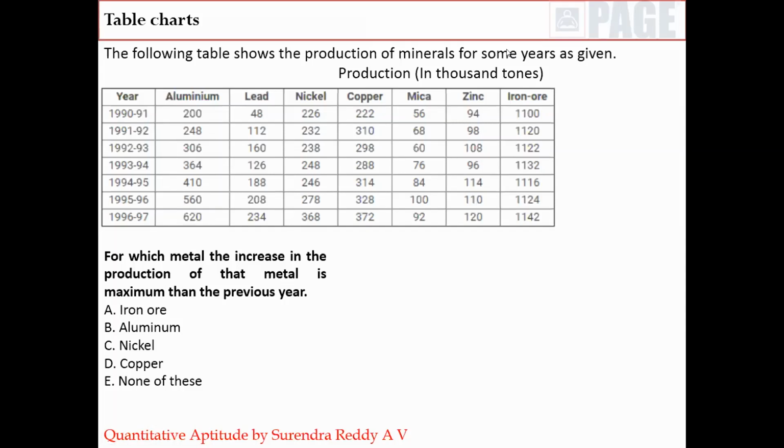So what is the observation for which metal the increase in the production of the metal is maximum compared to the previous year? So simply to say, which metal has the maximum difference between any two consecutive years?